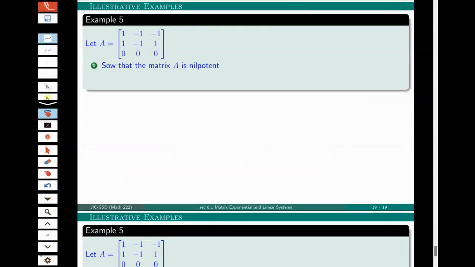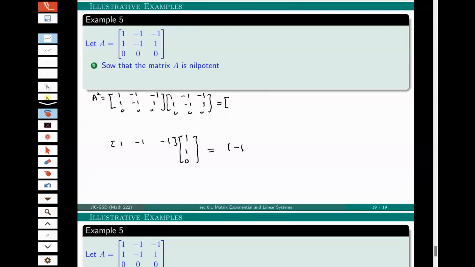Now he wants me to show A is nilpotent, which means I need to multiply A by A to get A squared. A is 1 minus 1 minus 1, 1 minus 1 1, 0 0 0. When I multiply it by itself, first row 1 minus 1 minus 1 by first column, which is 1 1 0, I'll get 1 minus 1, which is 0.